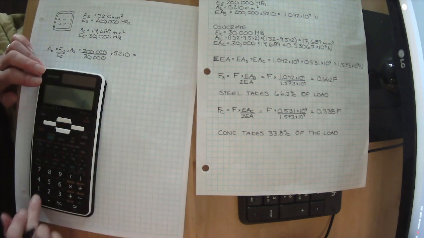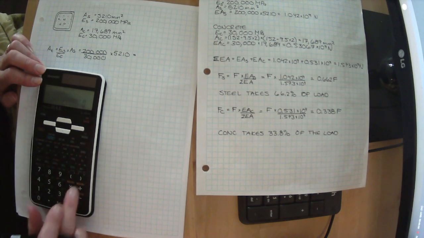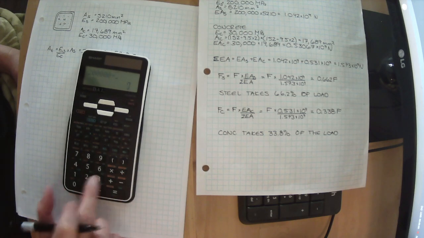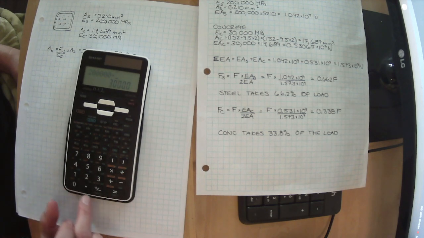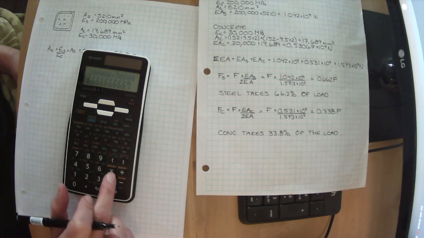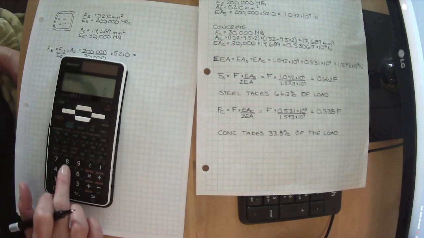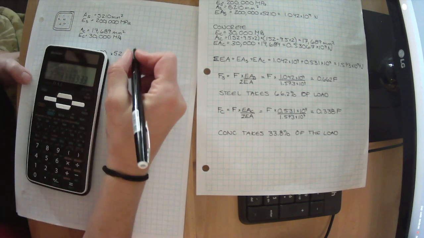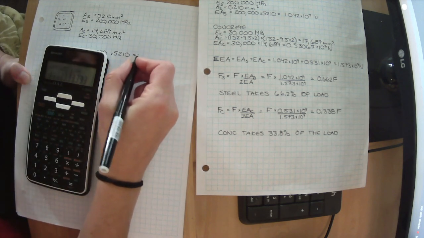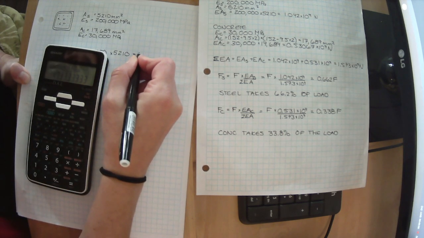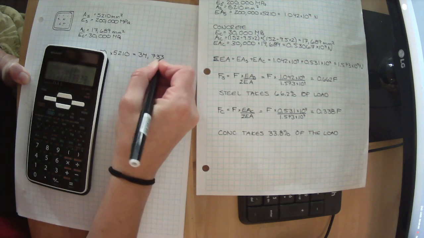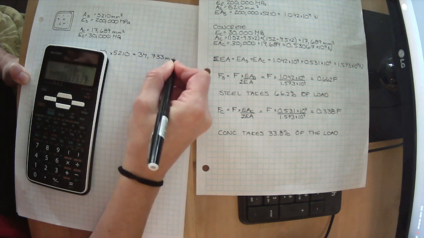Let's take this 200,000 divided by our 30,000 times 5,210, and we get that the area of steel we would need, or the area of our transformed section, would be 34,733 millimeters squared.